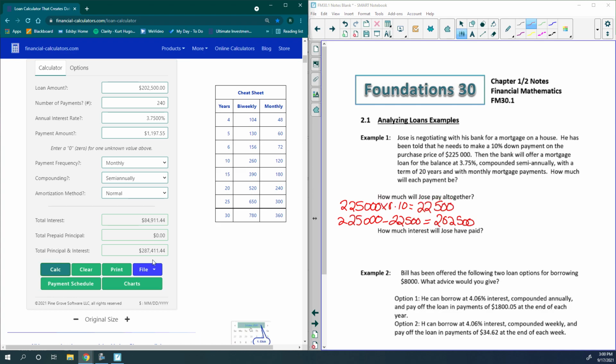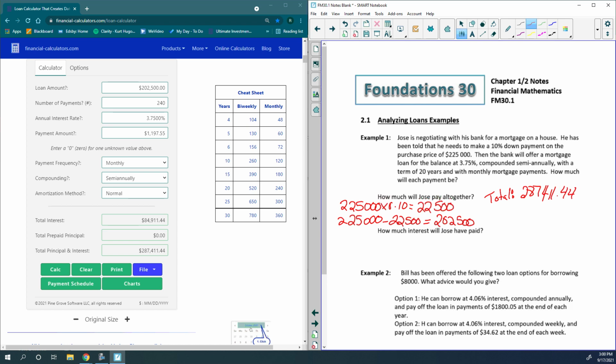And the total amount that we have at the end is $287,411.44. So I'm going to write that down. So the total amount that he has to pay, or did pay at the end, is $287,411.44.